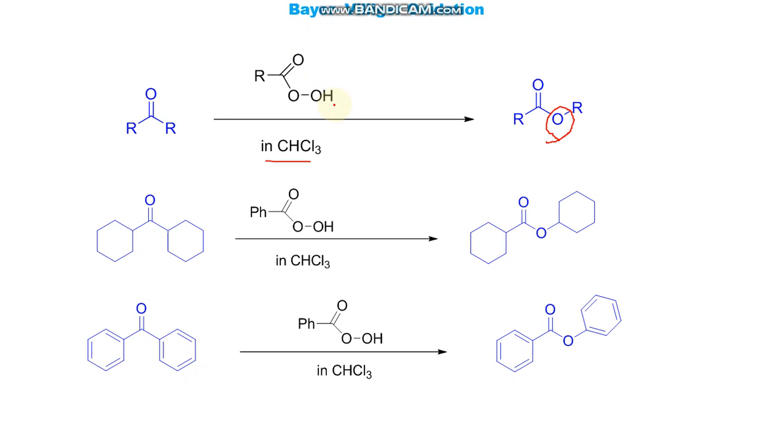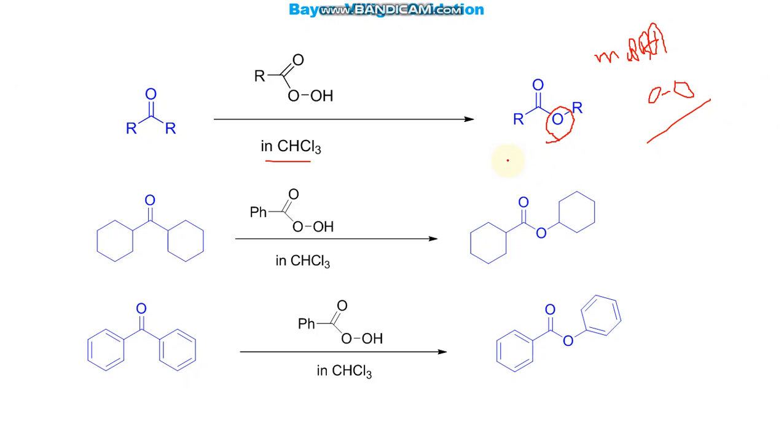So any peracid, any reagent which has this oxygen-oxygen peroxy bond, like MCPBA, metachloroperbenzoic acid, or perbenzoic acid, or let's say CF3CO3H. So this oxygen-oxygen peroxy bond is important for the reagent. If you have this type of reagent in presence of a ketone, it will create an ester.